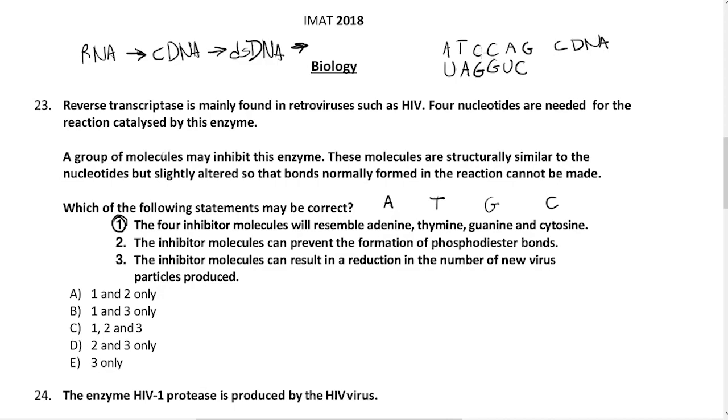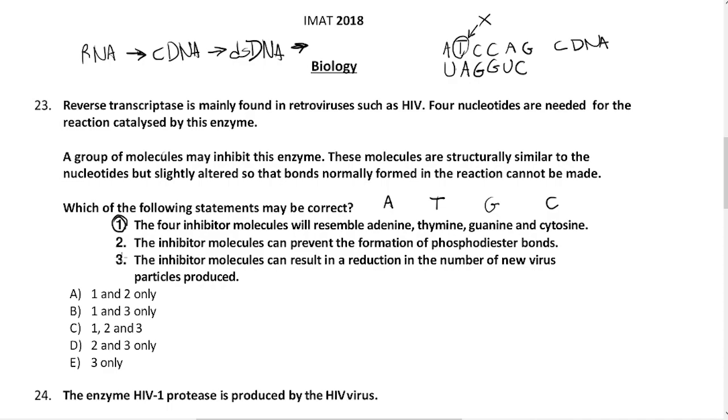And at this point, if we, for example, switch this thymine with some strange inhibitor that has a structure similar to thymine, let's call it, I don't know, X, X can actually inhibit this molecule.